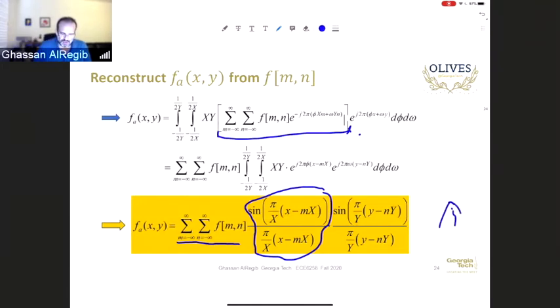That's why I said rectangular sampling is a very natural extension of the 1D case, because in this reconstruction we have two sinc functions, one in the x direction, the other in the y direction. You can imagine that at every single sample, we have our sinc functions, and that's how we reconstruct our signal, because we are interpolating between these sinc functions. So that's the ideal reconstruction of our analog two-dimensional signal f sub a from the discrete signal f.